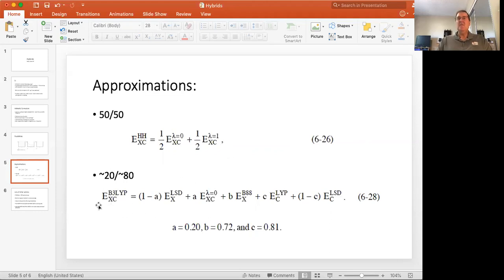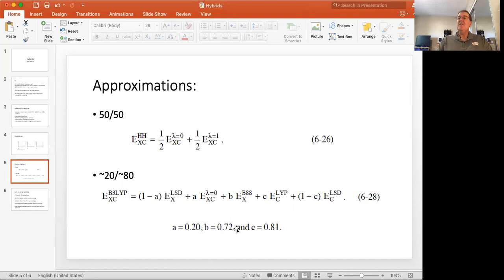Instead, what they did, and this is B3LYP, was just fit to experimental data. These are atomization energies, although I'll check for next week. And what they found was that the right amount was about 20% exact exchange, 80% local density approximation. You see that here. A is the parameter that determines how much exact exchange there is versus how much local density approximation there is.